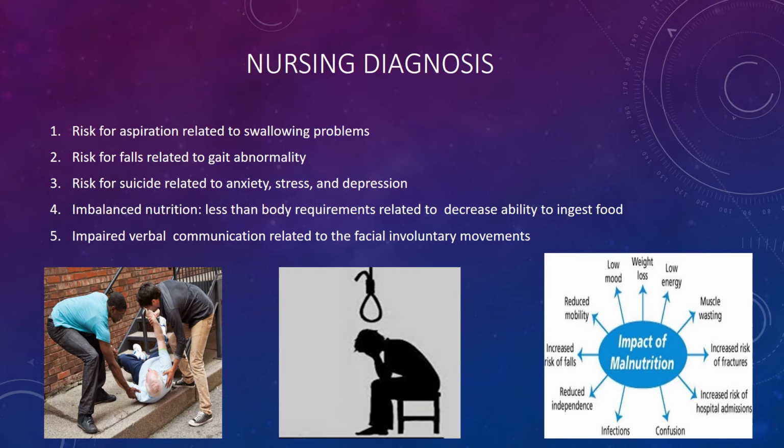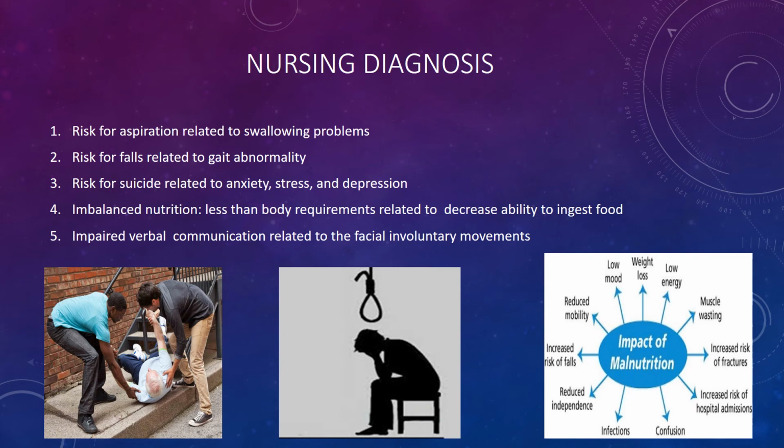So what the nurse can do is to collaborate with a dietitian for the patient to have appetizing food, give the patient small frequent meals rather than large meals, and provide oral hygiene. This is to prevent mouth dryness and to prevent the possible infection.